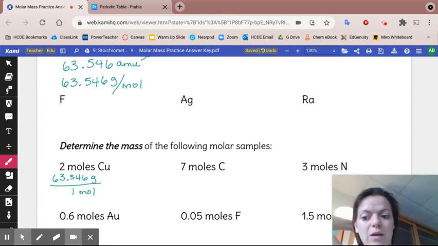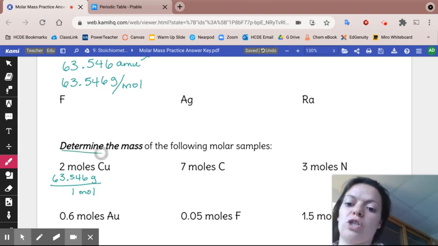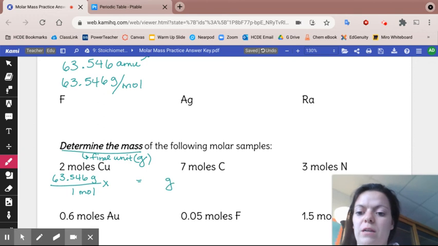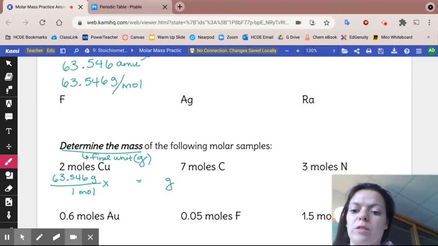Okay, and this is telling us that we have 2 moles of copper, and we're trying to determine the mass, which tells me that I want my final unit to be in grams, because that's how we measure mass, right? Okay, so if I'm trying to get to grams as my final mass unit, and I have grams over mole, remember that I need to multiply by moles to get rid of that unit.